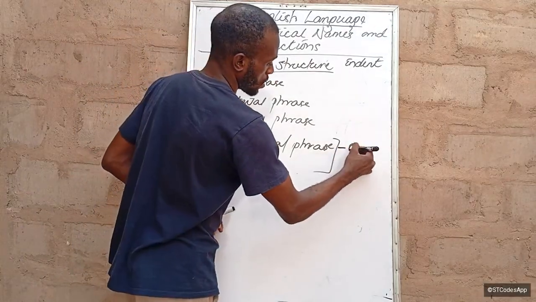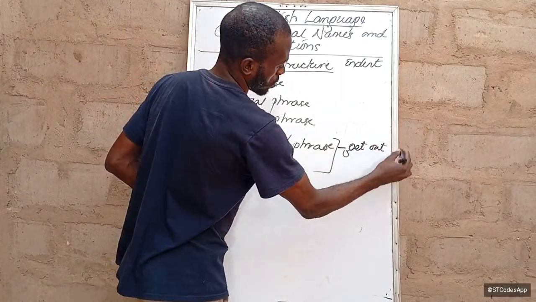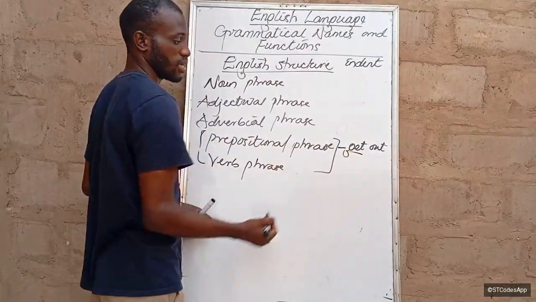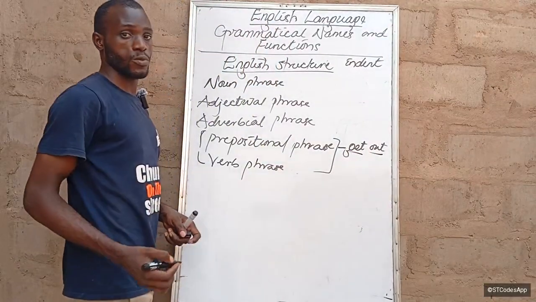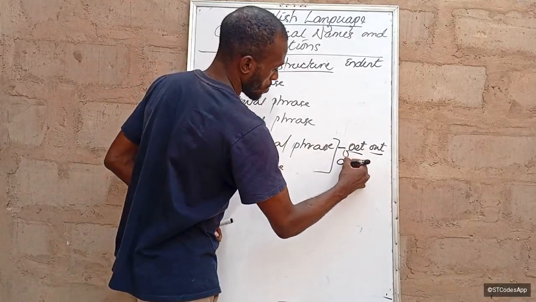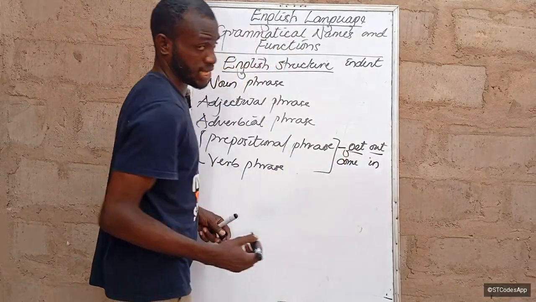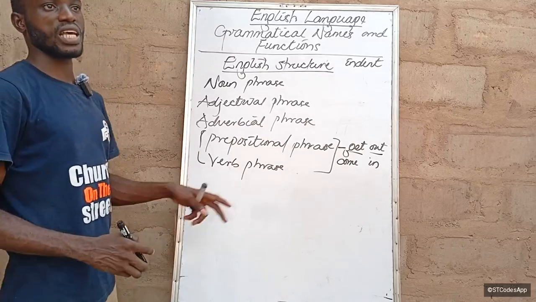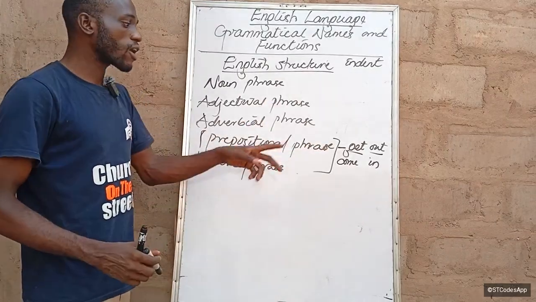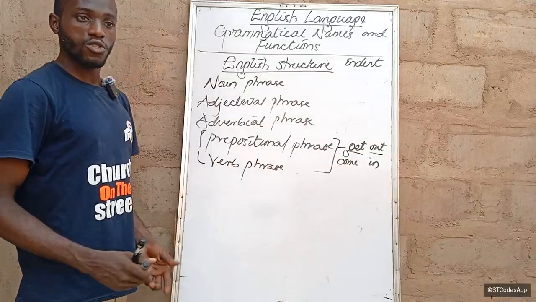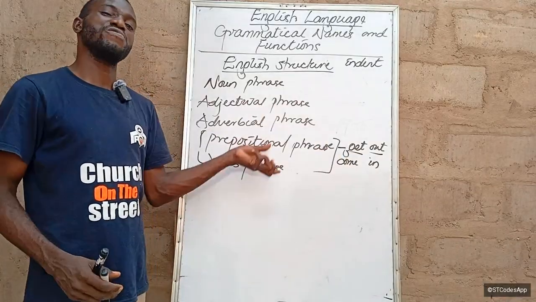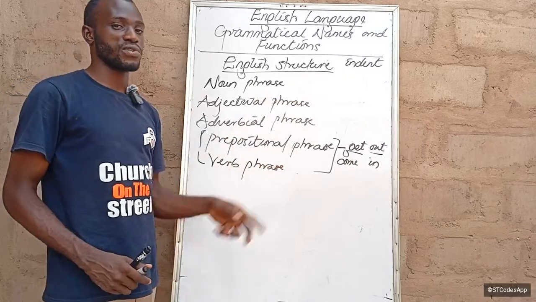For example, get out, come in. Get, a verb, out, a preposition; come, a verb, in, a preposition. So these are prepositional phrases and they contain verbs. So we count them as forms of verbs, not necessarily types of phrases.